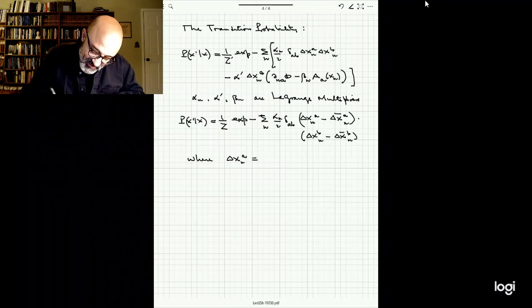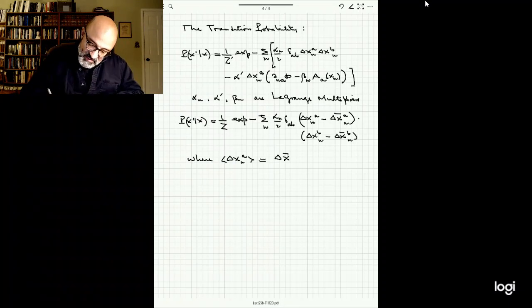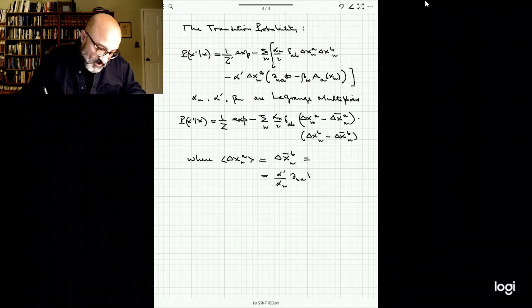So let me write the average displacement is this quantity delta x bar, which is equal to, where do I have it? It's alpha prime over alpha n, the n a phi minus beta n a x n.